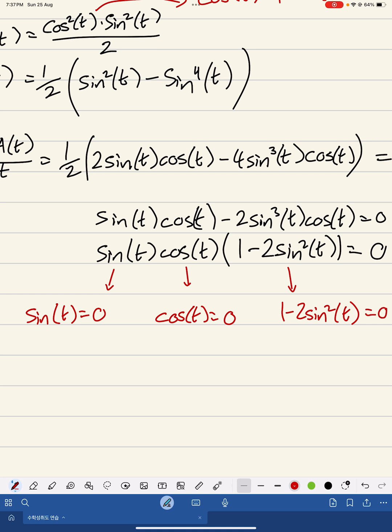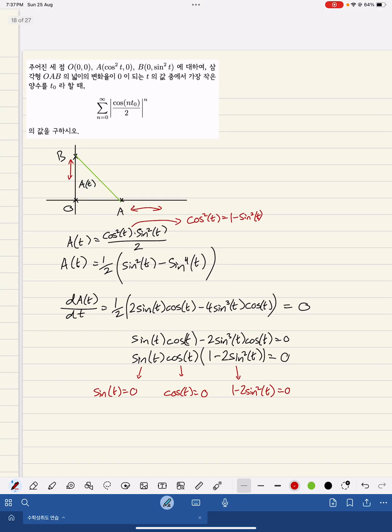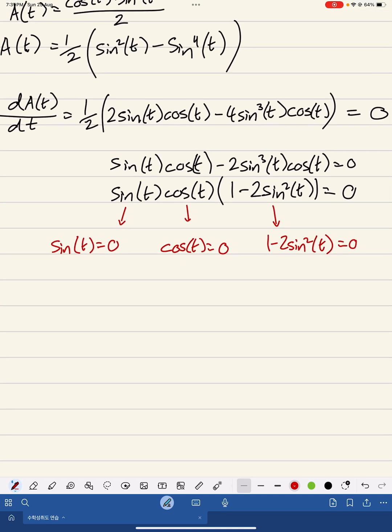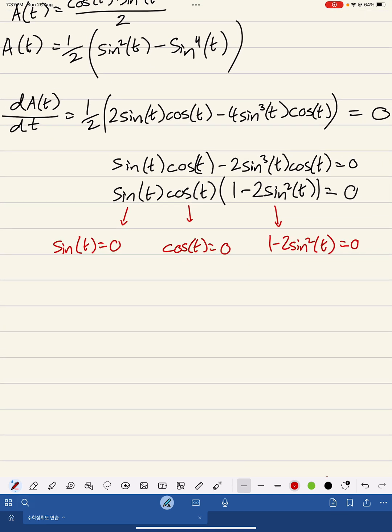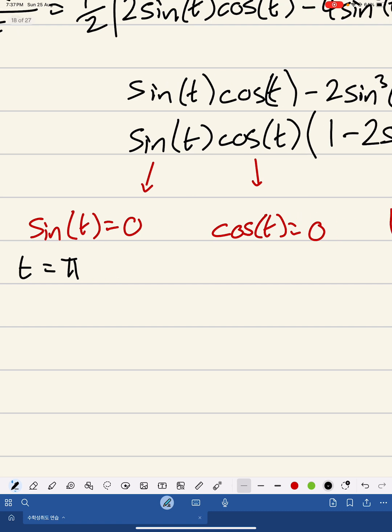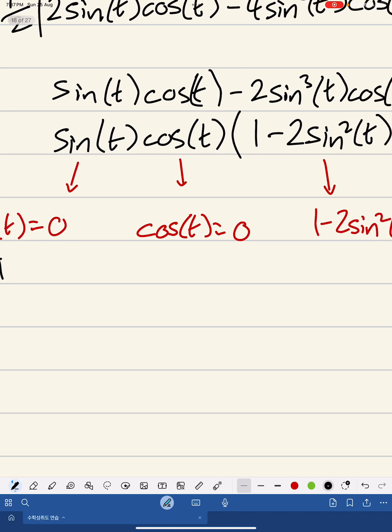So sine t equals 0, and we want t values which are positive and small, right? Sine t is 0 when t equals pi, 2 pi, or 3 pi, but we always want the smallest positive one, which is greater than 0. So sine t equals 0 when t equals pi. Cosine of t equals 0 when t equals pi over 2.